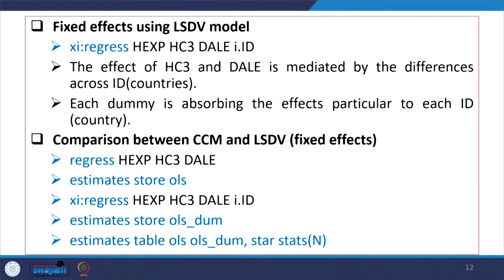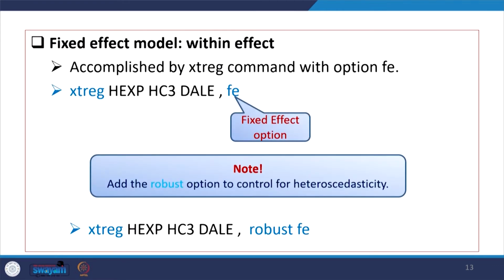Now, here are all our commands, and I am going to show them one by one. We will also compare the fixed effect using the LSDV model, then the comparison between CCM and the LSDV fixed effect model as well. The within effect would also be captured.